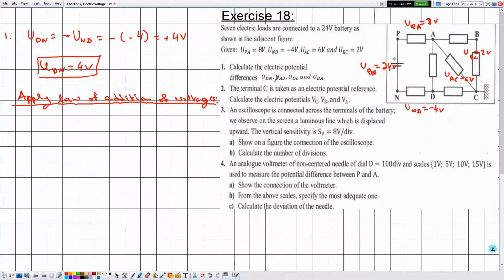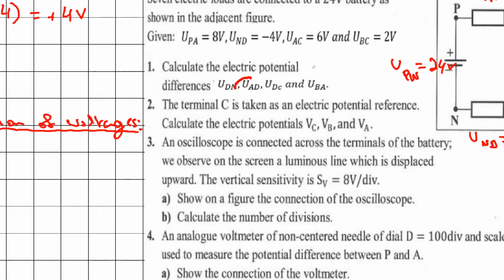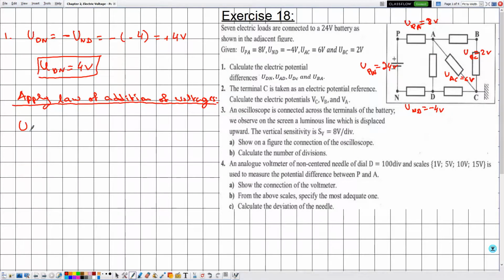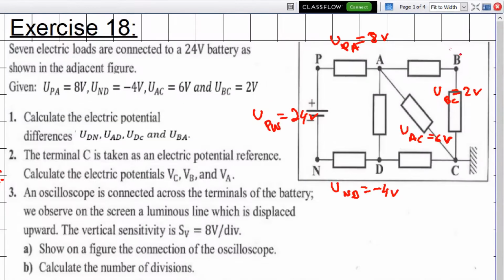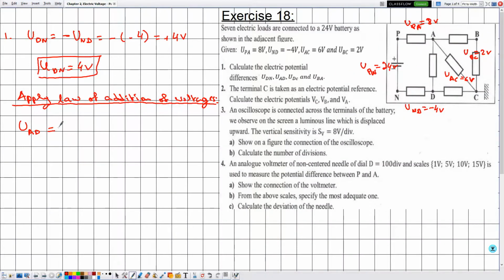So always on the left we write the voltage that you are interested in calculating, which is UAD. Then on the other side of this equation, we'll go from points A to D across different electric components such that we know their voltages. Then from A we can go to P, from P to N, and from N back to D.